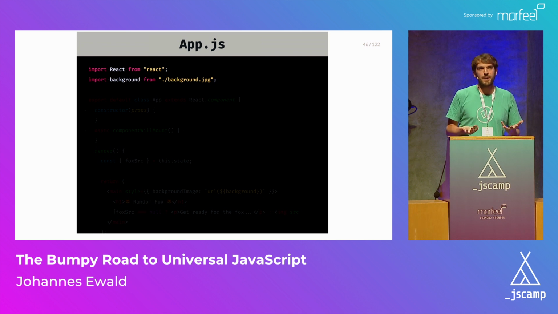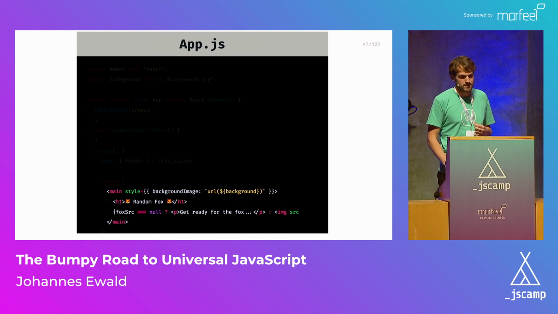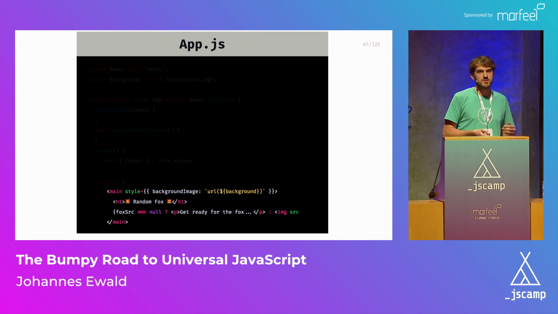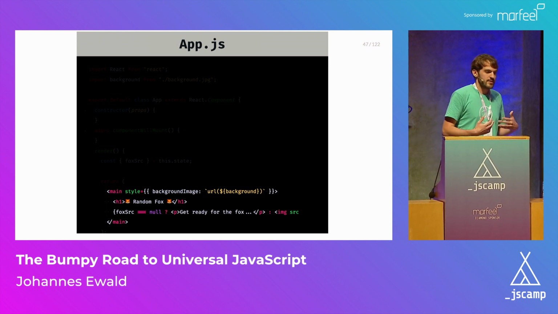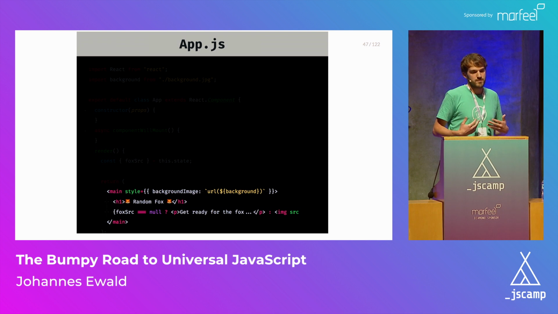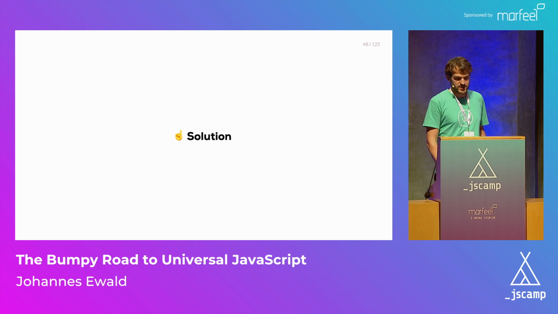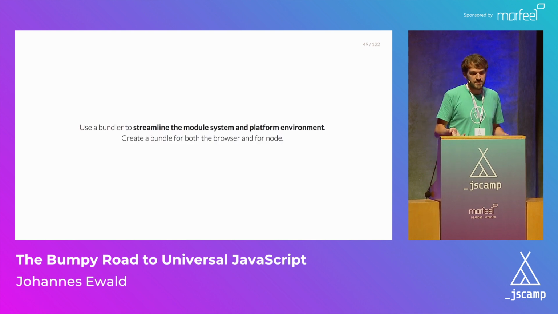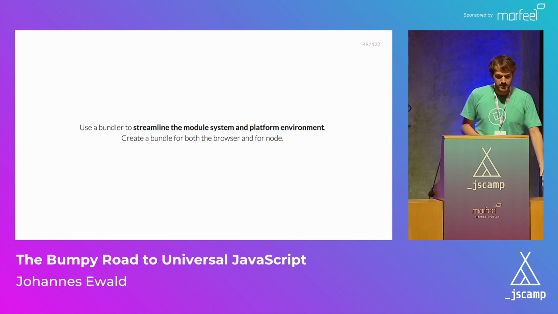It's a kind of webpack feature we're using there. And we're also using this custom syntax, JSX, but if you're using Vue.js, for instance, and using Vue components, you also have custom syntax that's not really supported by the browser. And we do that because it allows us to develop faster. So the solution is to use a bundler to streamline the module system and platform environment.